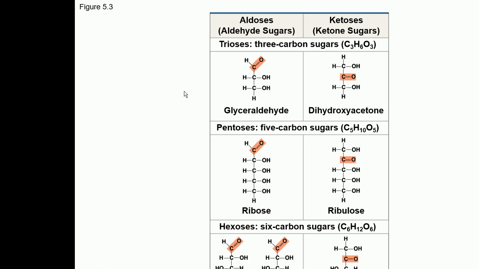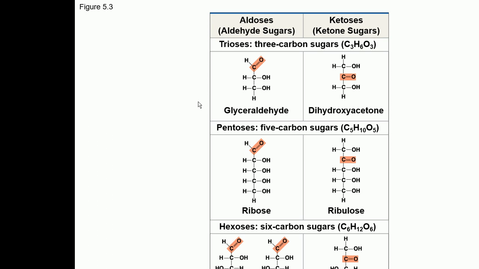Now here are some examples. In the trioses, which have 3 carbons, if the carbonyl group is present at the end, then this sugar is called glyceraldehyde. If the carbonyl group is present in between, it is called dihydroxyacetone.